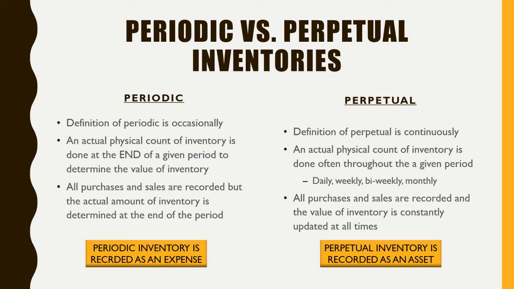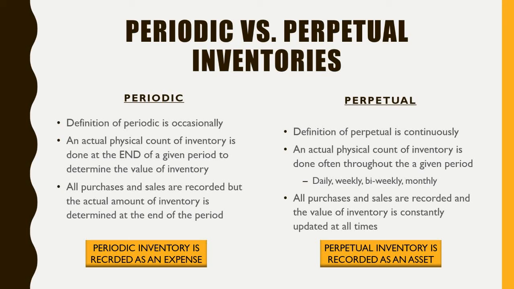As we've been introduced to perpetual inventory, we understand that the definition of perpetual is constantly. So we're constantly updating our inventory. Every purchase that we make, we update our inventory. Every sale that we make, we constantly update our inventory.